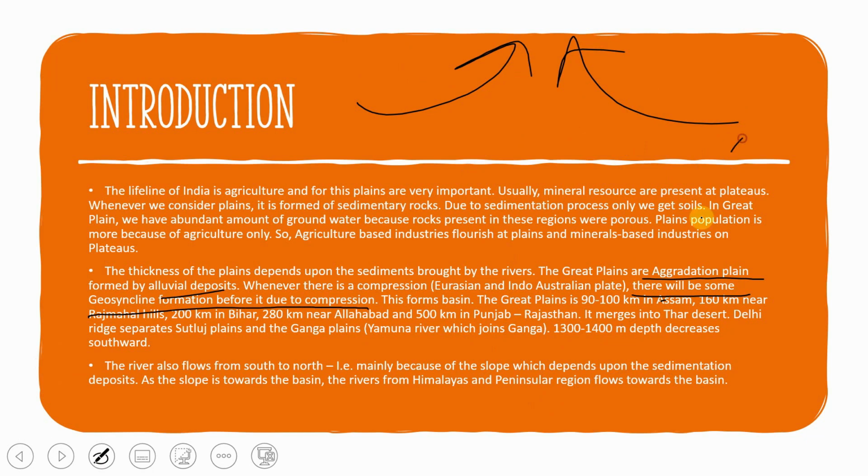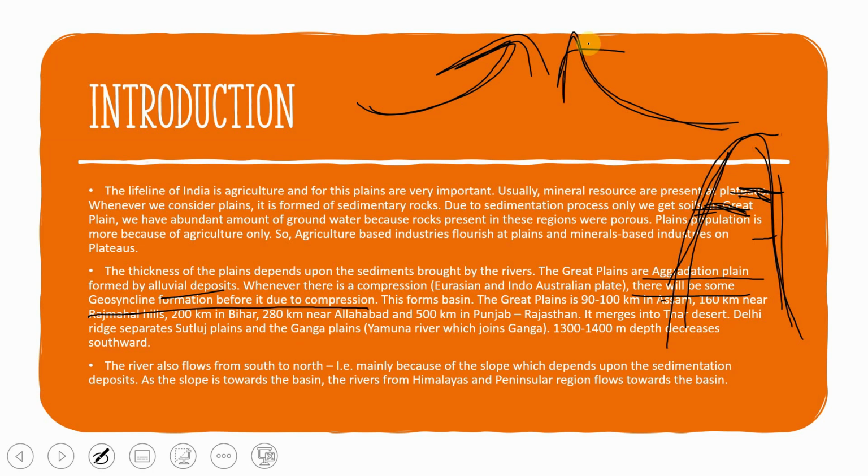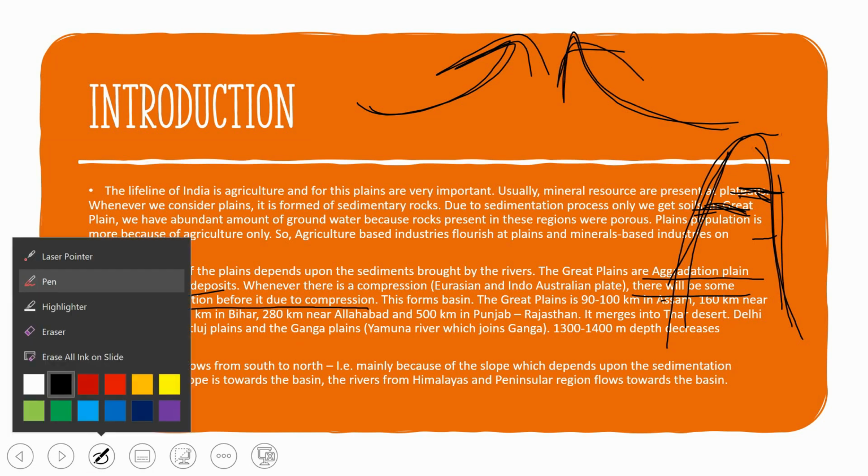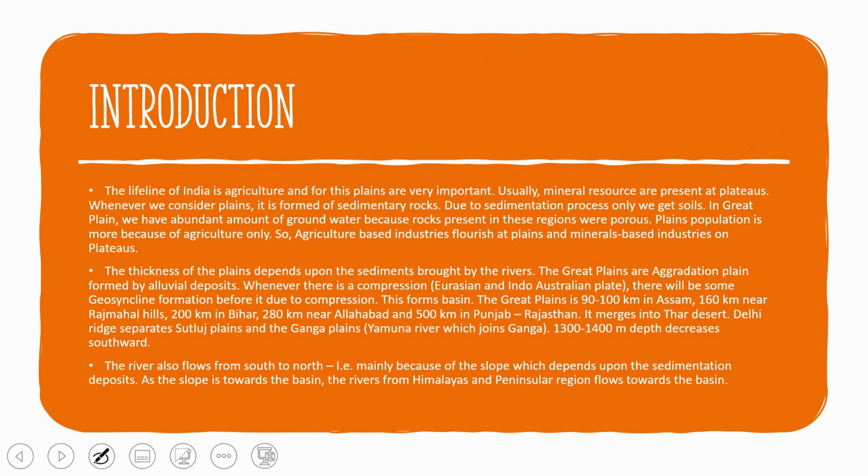It is like when you wear a shoe and travel for one or two days, you get some marks on your shoe because of the bending. In the same way, when the two plates hit each other, a geosyncline forms, like a mark, and rivers flow into that mark because of the potential difference. So these form a basin.